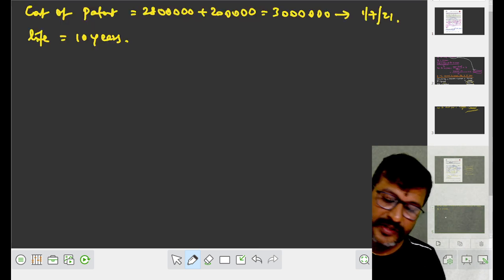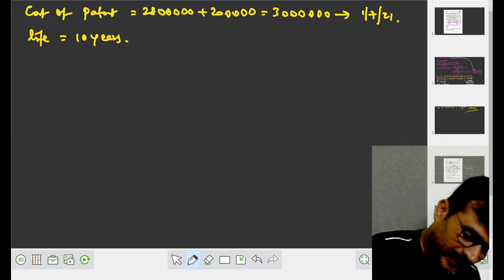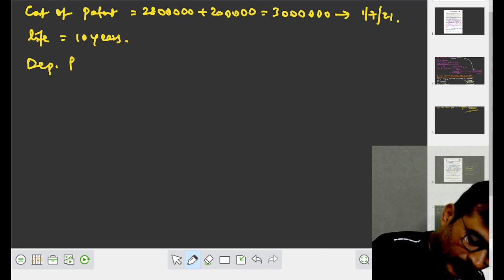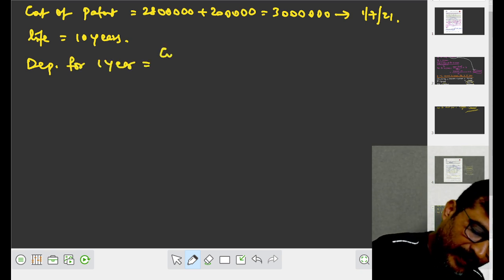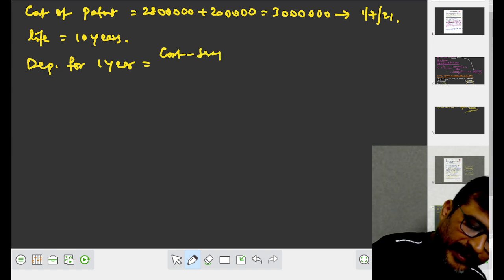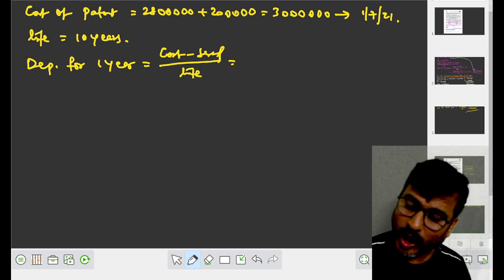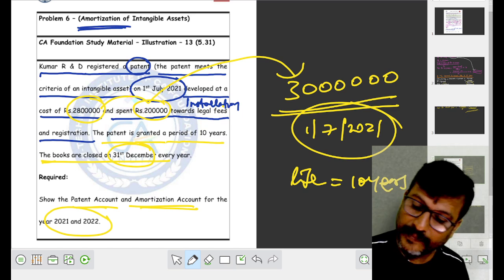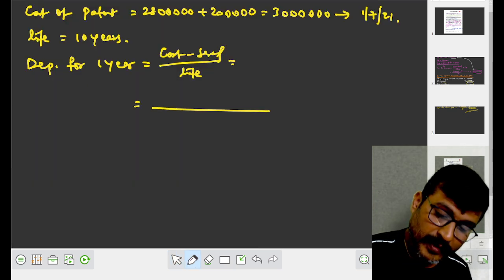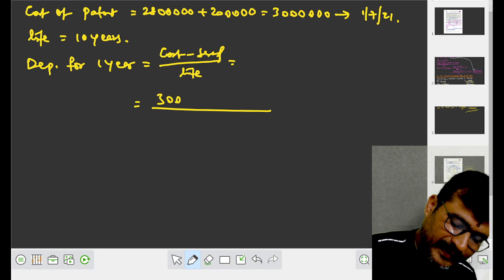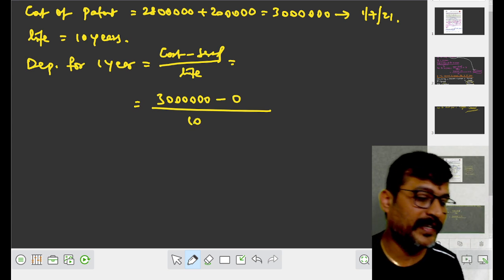No other information is given. So now, what can we calculate? Depreciation for 1 year. What is the formula? Cost minus scrap by life. How much is the cost? Cost is 30 lakh, minus scrap 0, by life of 10 years.